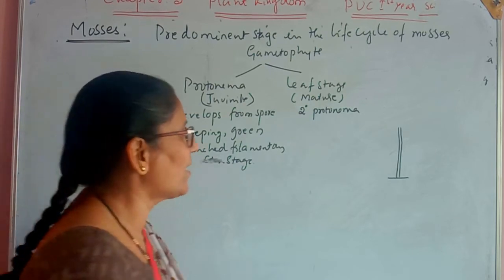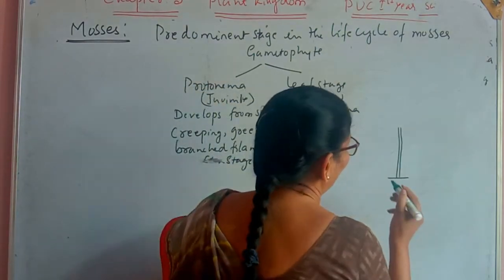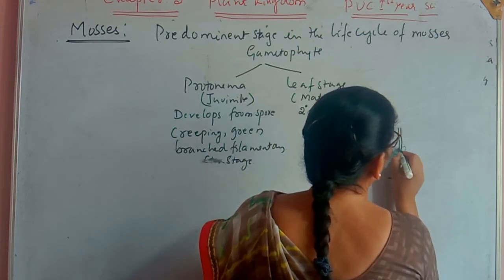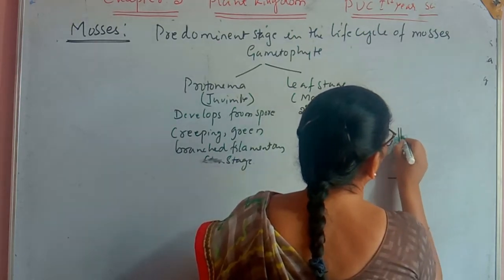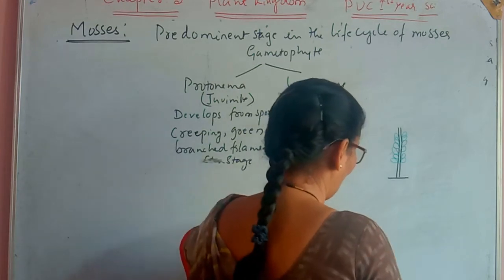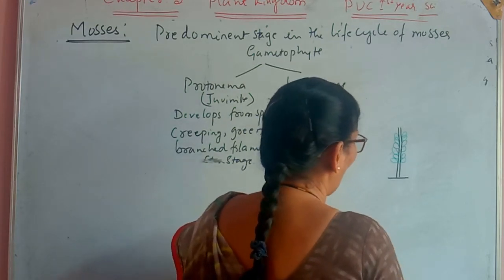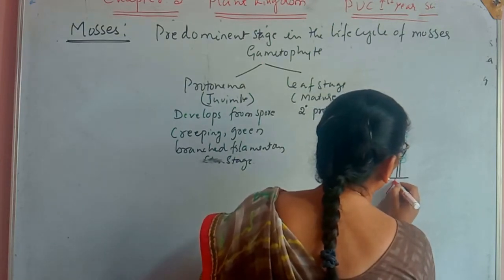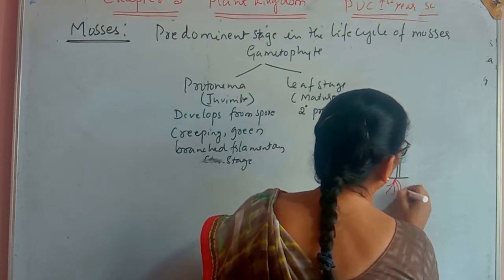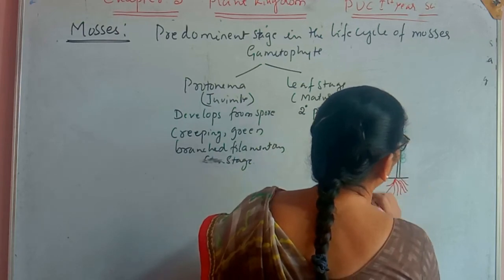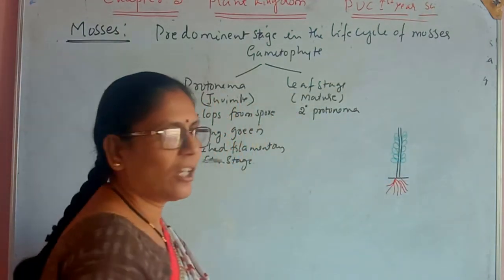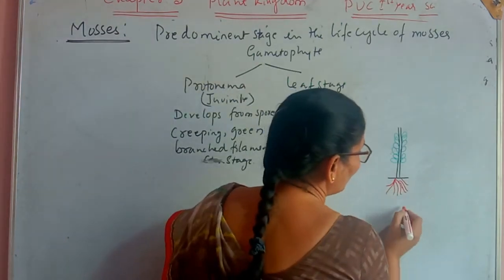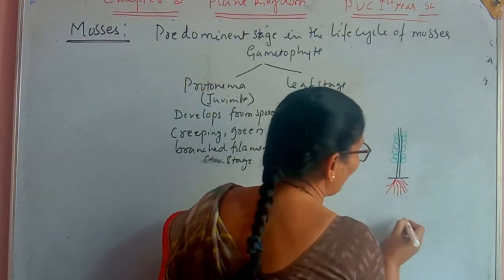The axis bears small tiny leaves, and is attached to the soil with the help of branched, multicellular, root-like structures called rhizoids. Why do we call them multicellular?